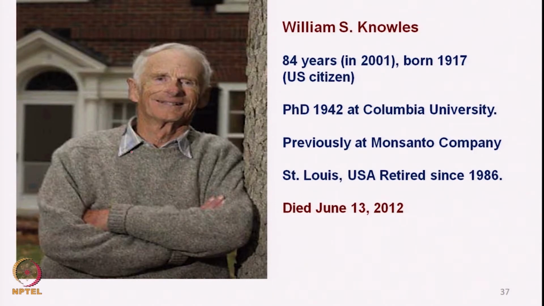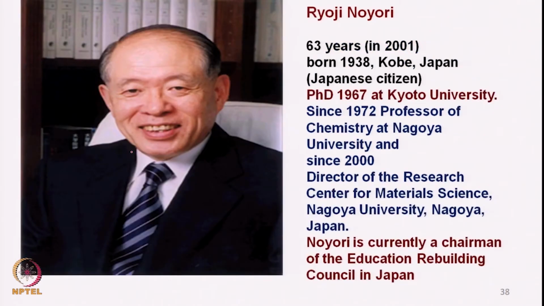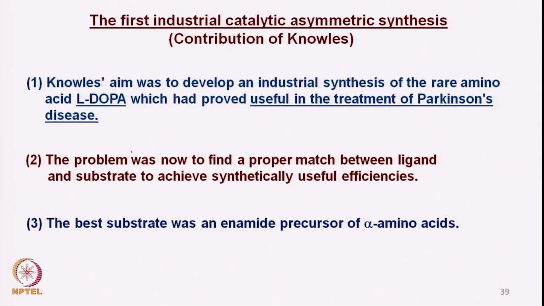So, we will not get into the details of these now, and these are the two people who did the reduction part of it. So, now we will look at their work.